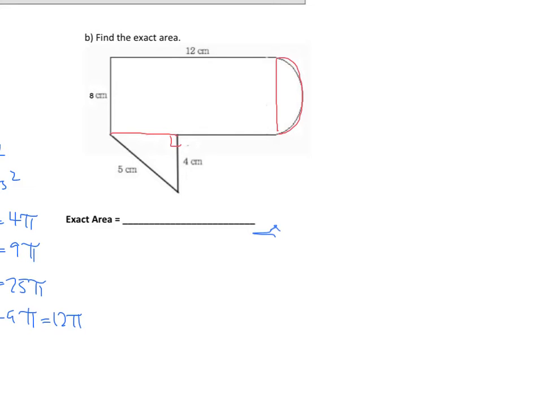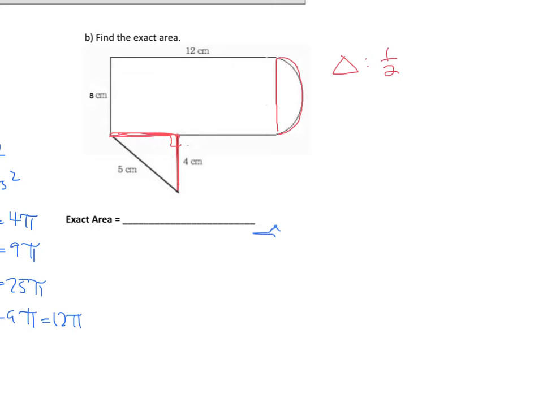If I start with the triangle's area, I do 1/2 base times height. And remember that the base and height have to make a right angle. So the base and height of this triangle are going to be the side I don't know and the 4. Since I don't know that side, I can use the Pythagorean theorem to find it since it's a right triangle. And this is actually one of my triples, so it's good to remember your triples.